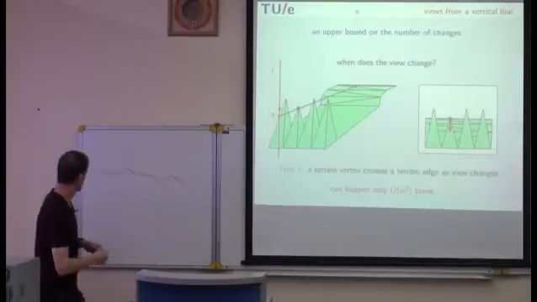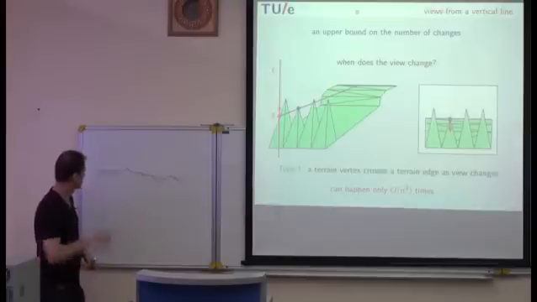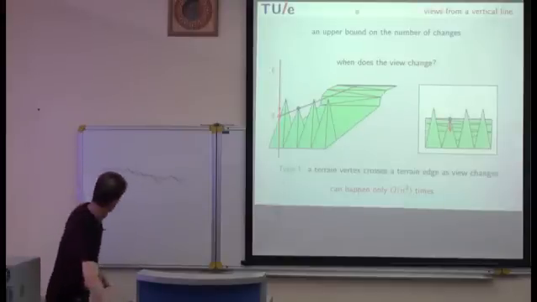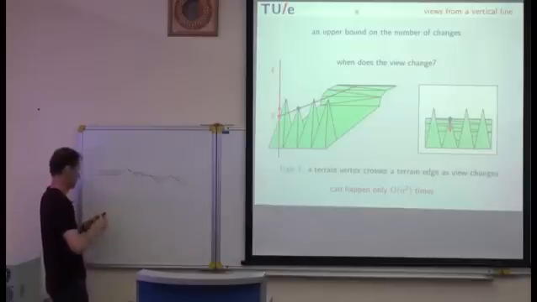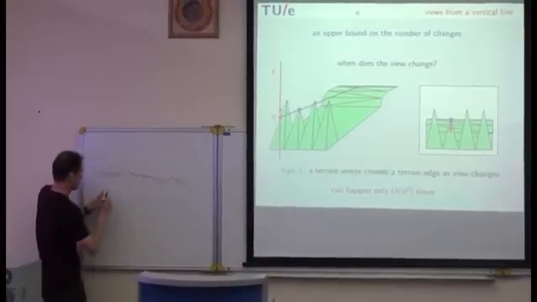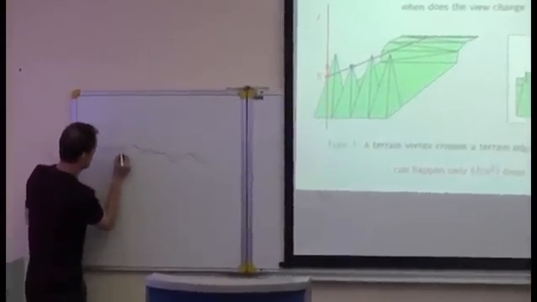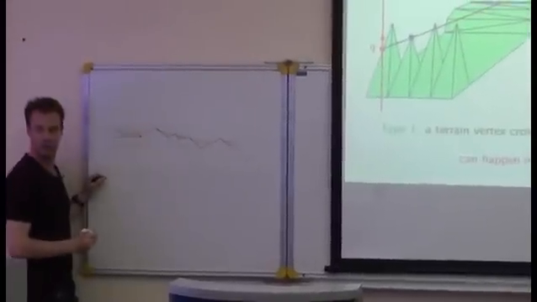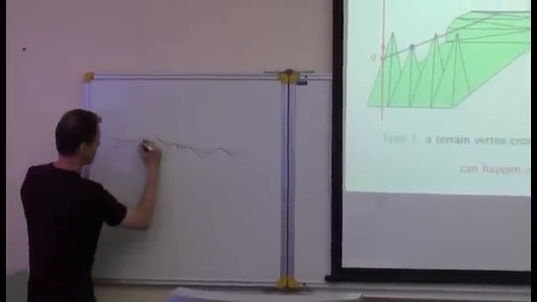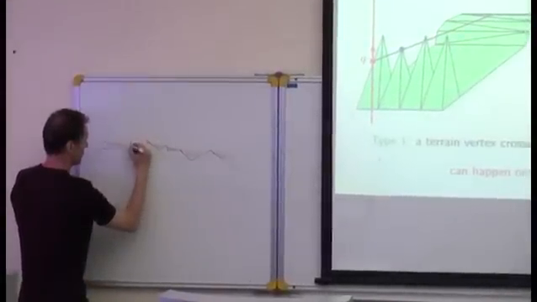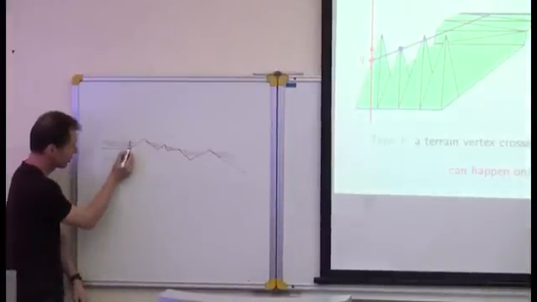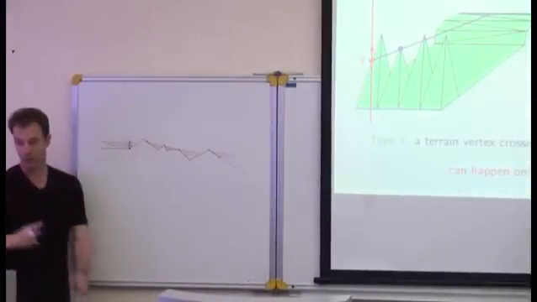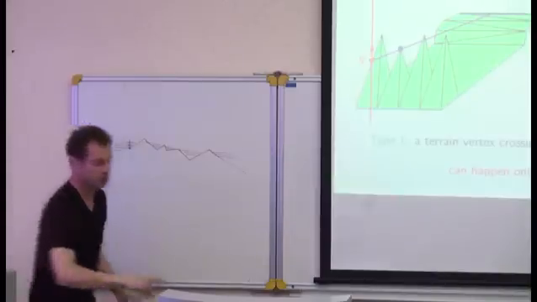And actually we already saw that here. For instance, maybe this one, this vertex, maybe also passes through all these things here. But this is not a vertex of the terrain, but it's the intersection of two edges.